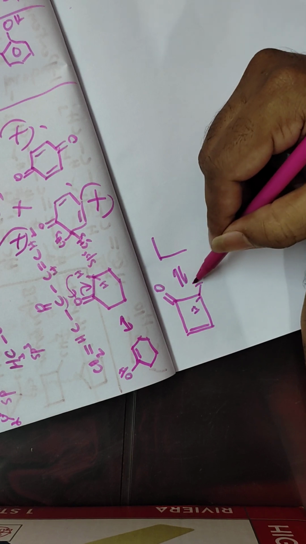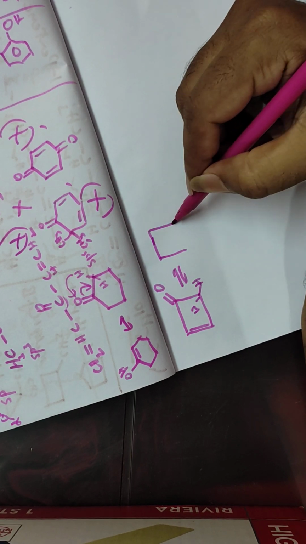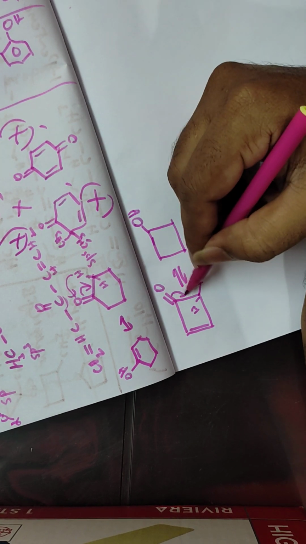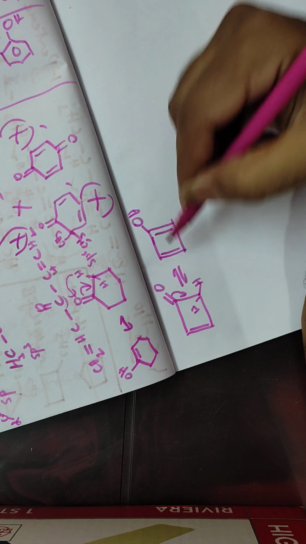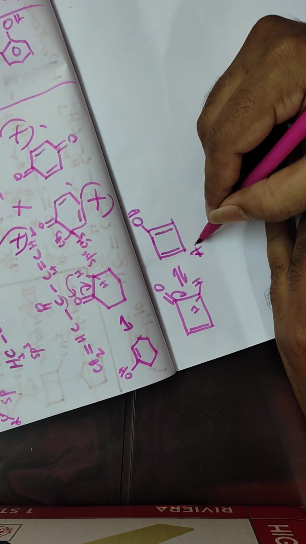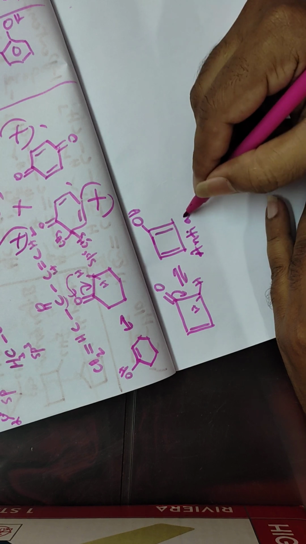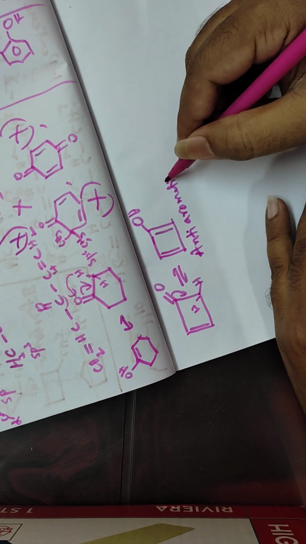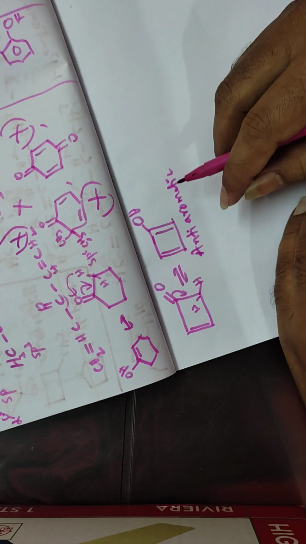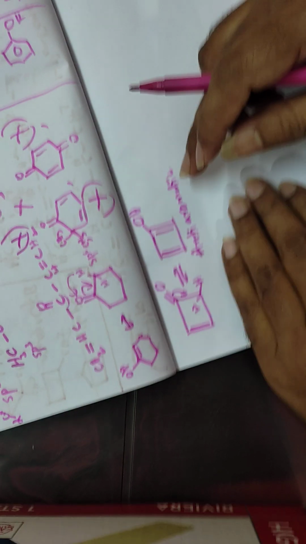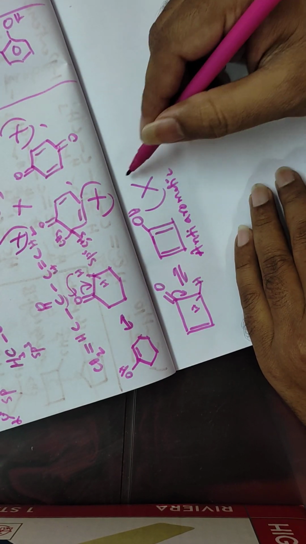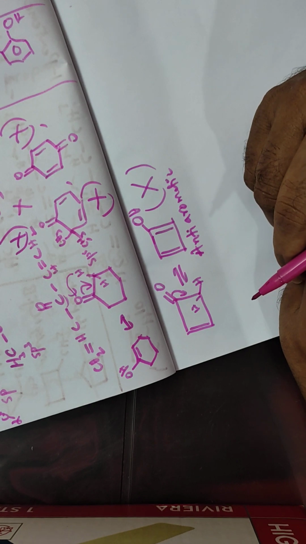This hydrogen shifts to here simply. Okay, this is OH, this double bond shifts to here. Already it has a double bond here, but this is an anti-aromatic compound, so it is highly unstable. So this compound will not form because it is highly unstable. That means it also does not exhibit tautomerism.